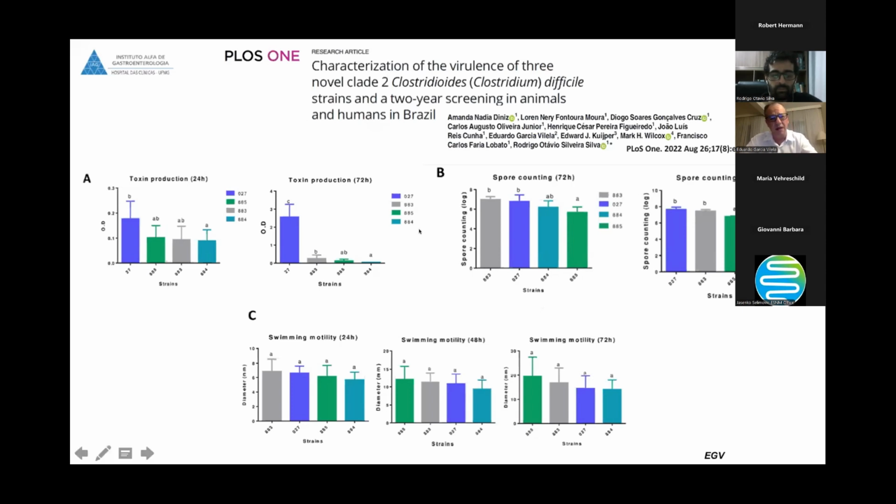But when you look at these graphs in spore counting, you can see that this ribotype produces more spores than ribotype 027 at 72 hours and 5 days. In swimming motility, this ribotype also has some more virulence aspects when compared with ribotype 027.